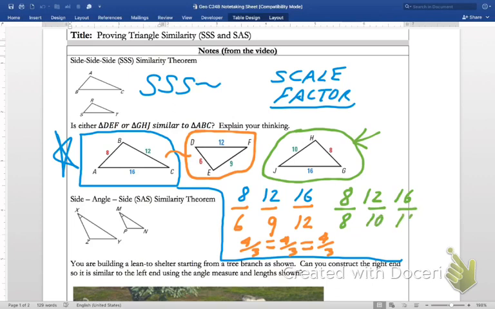The big side is 16. If all three of these fractions reduce to the same thing, then the green triangle, HJG, is similar to ABC. And we can tell they're not the same because 8/8 is 1, 12/10 reduces to 6/5, and 16/16 is 1. These are not the same, so the first and the third triangles are not similar.